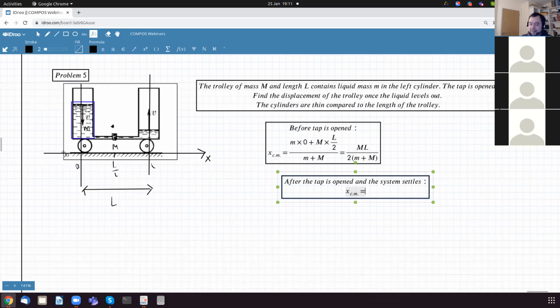Okay? So the position of the center of mass and the trolley has shifted to the left x meters. So they would both be at L/2 minus x.